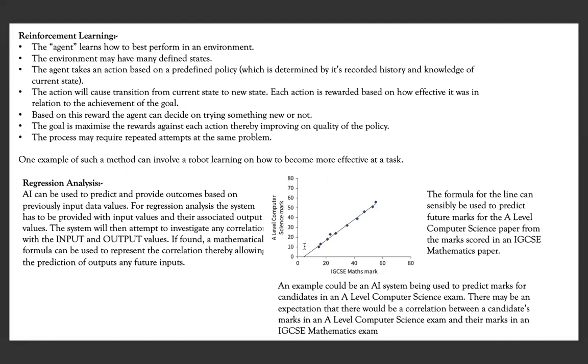The formula for this line, let's say, for example, in this table, can sensibly be used to predict the future marks of an A-level computer science paper from the marks scored in an IGCSE mathematics paper. So if I have an input of IGCSE marks, I can use my regression analysis method to predict what marks the student may achieve in computer science in the future.